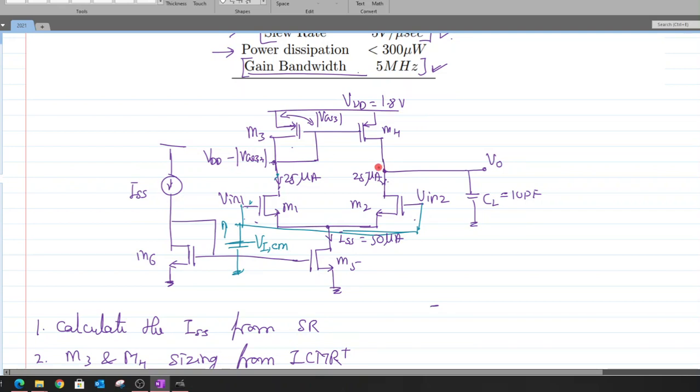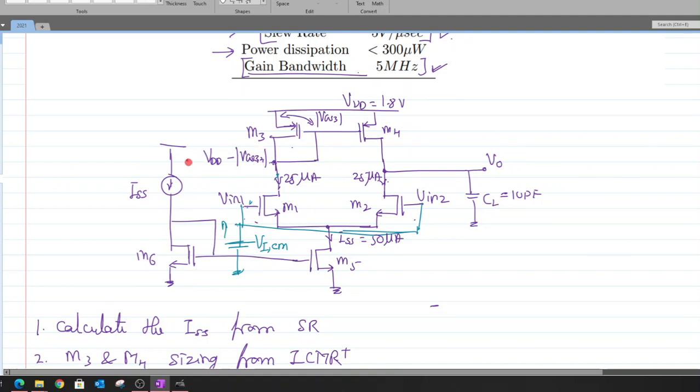So the drain of M4 also has a VDS equal to VGS3, which is why I have written it as VDD minus VGS3,4.